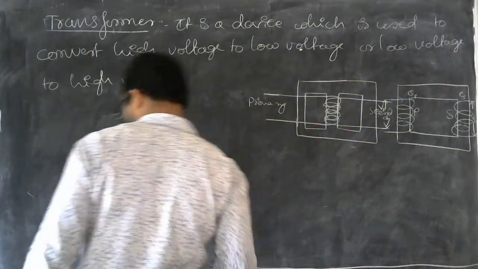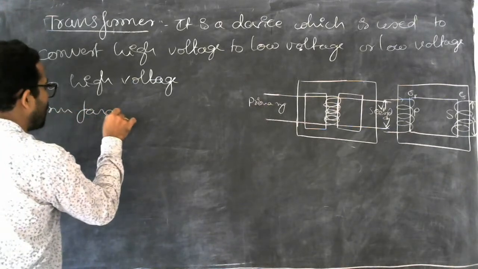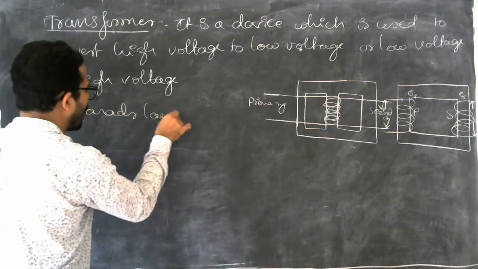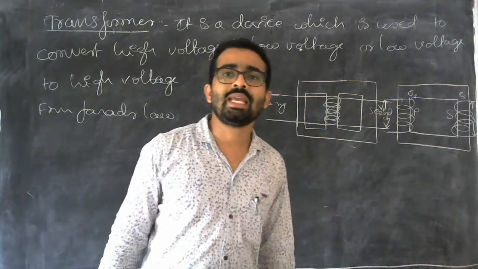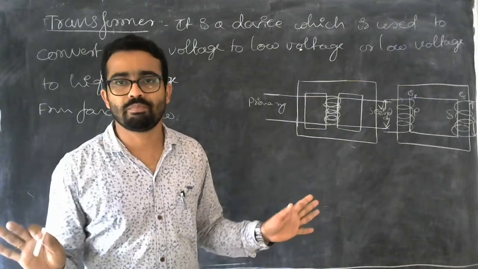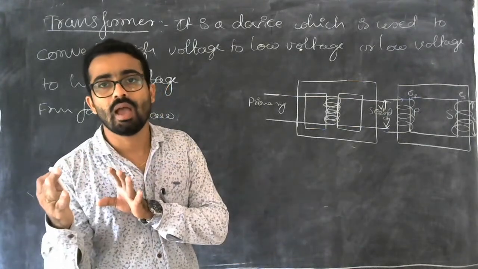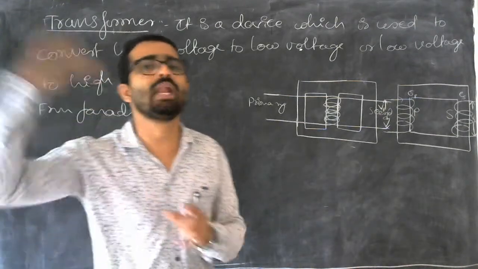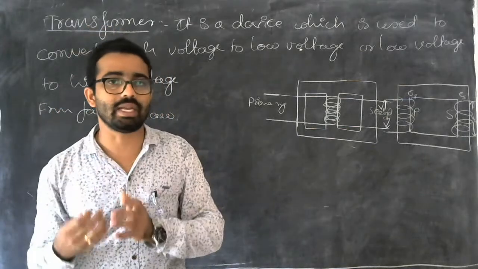Now, from Faraday's law, what do we know? The flux linked with each coil is the same. That is, E is equal to minus d phi B by dt. And if you have taken N number of turns, then we write E equals minus N d phi by dt.